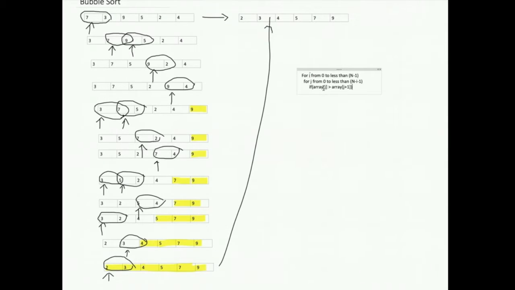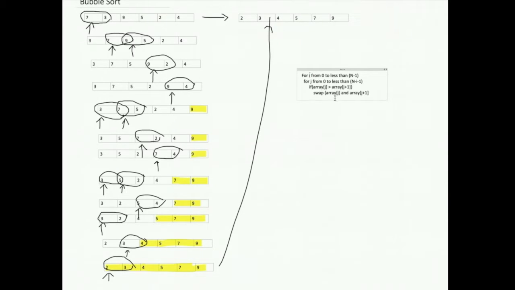If the first element is greater than the second element, then we have to swap array of j and array of j plus 1. And that's it. We're done.